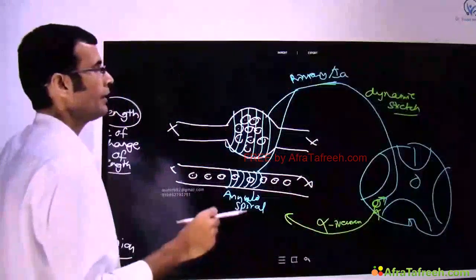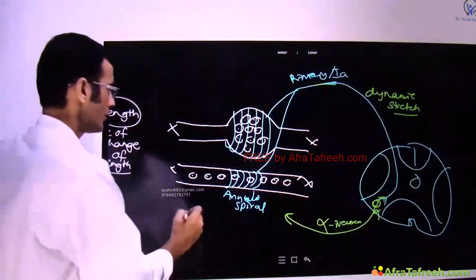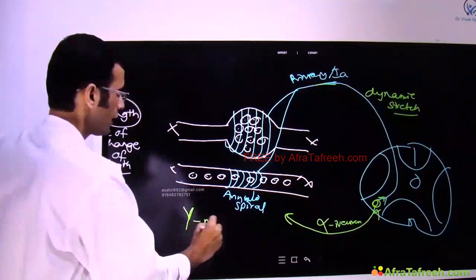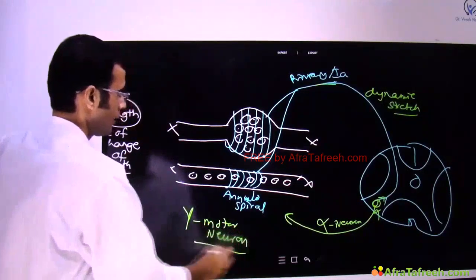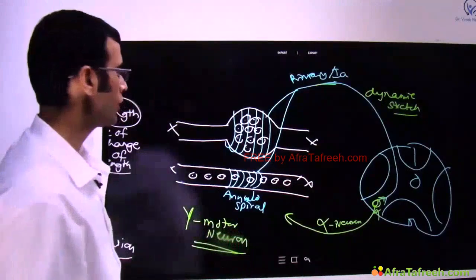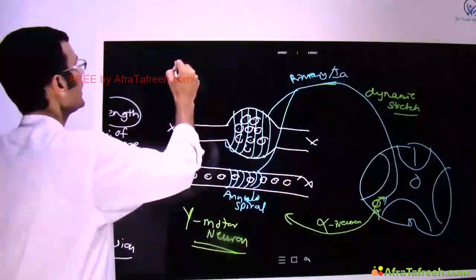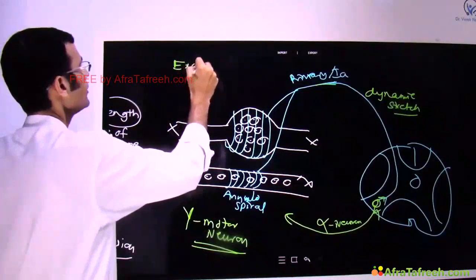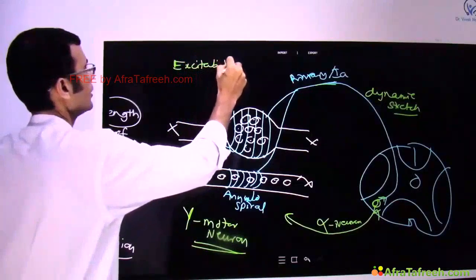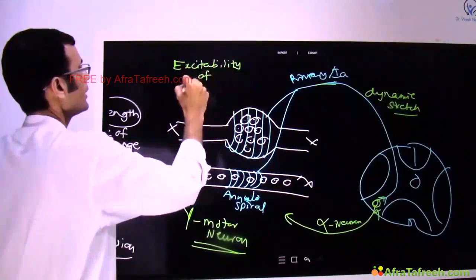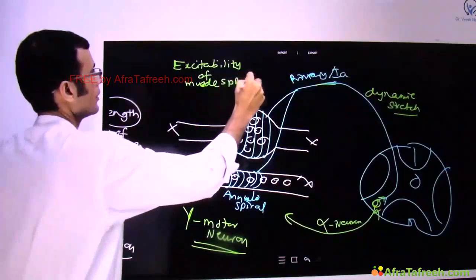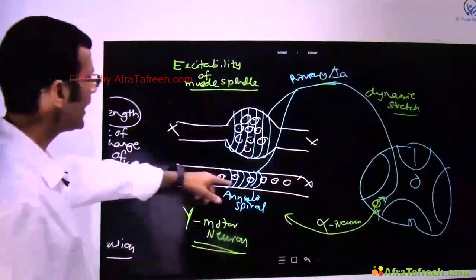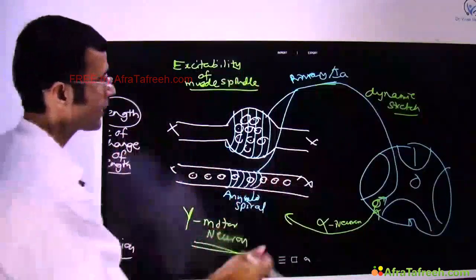Let me just add one more thing in this. What is the role of gamma motor neuron? The role of gamma motor neuron is to maintain the excitability of the muscle spindle, by pulling the ends of the intrafusal fibers.